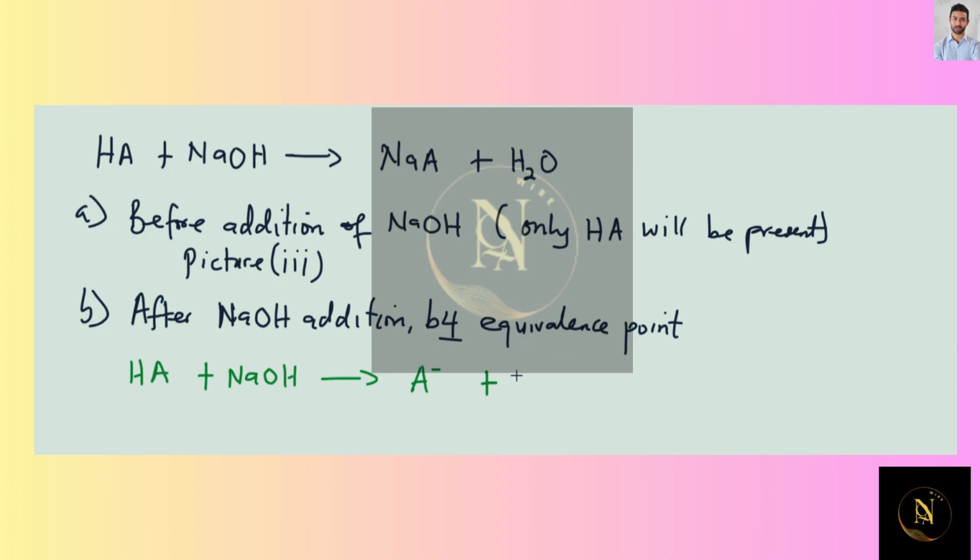So we have to look for the figure that has the A minus and HA present. So that's the green ball and the green ball fused to the white ball. So that is diagram 1 or picture 1.